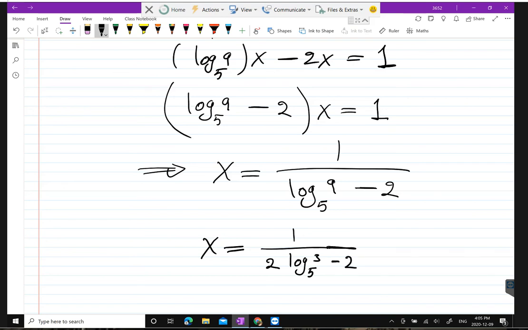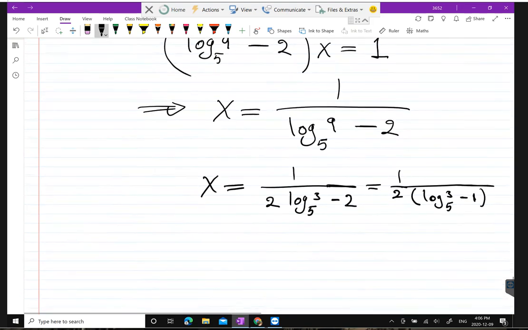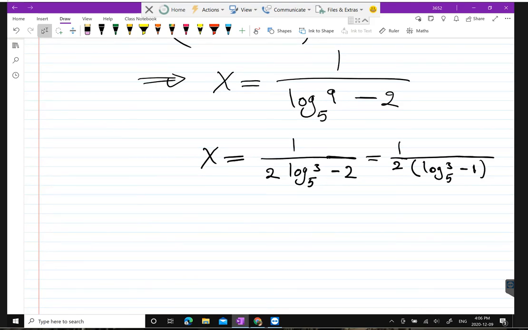And now you can even make it simpler: 1 over 2 times logarithm of 3 base 5 minus 1. Even still, if you wish, this is just for more practice on your ability. That's perfectly fine if you leave it like this.